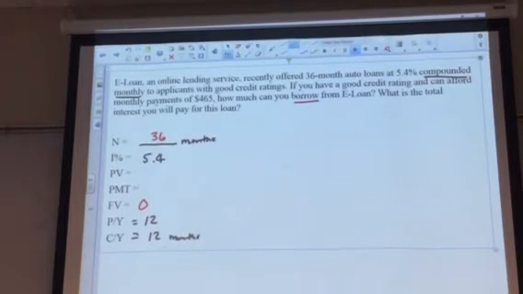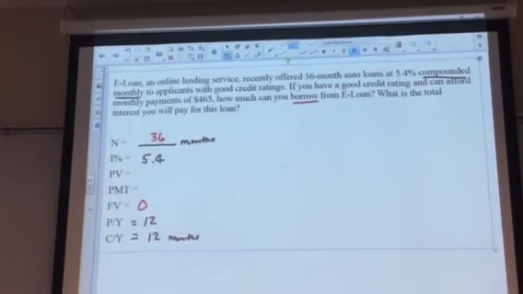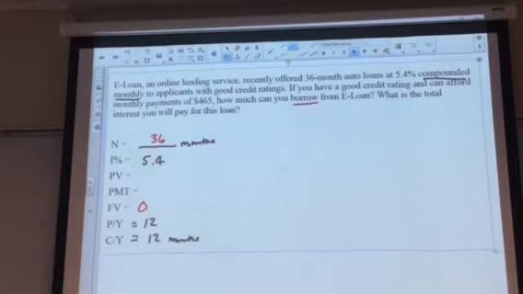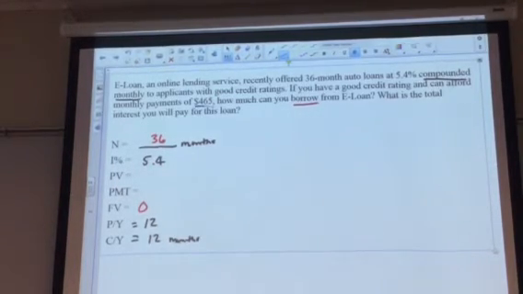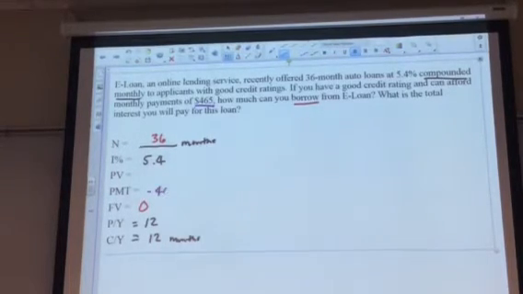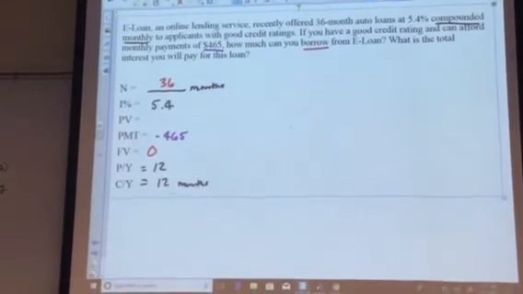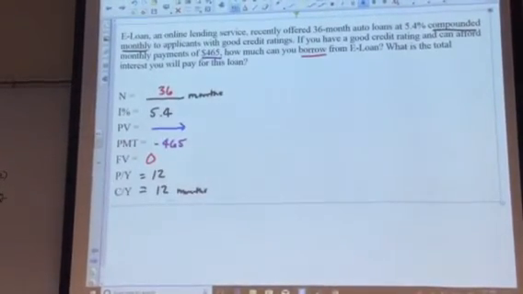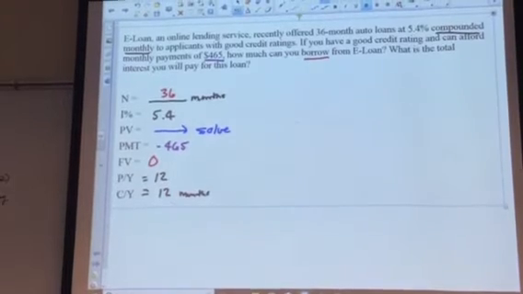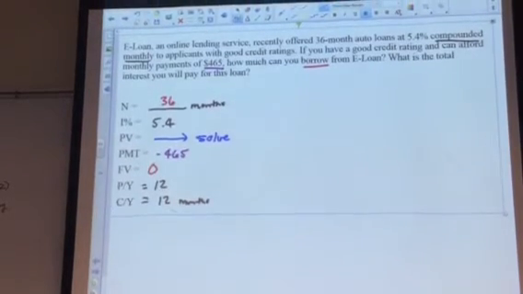But your terms of the loan are, you're going to make regular payments of $465. So is this the value that we're trying to find? Yes.